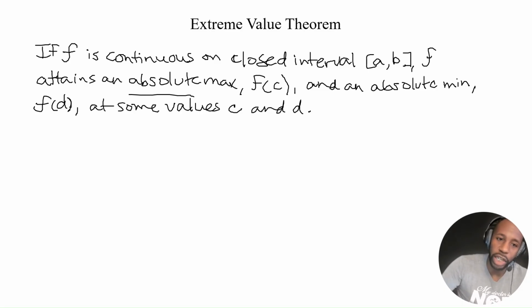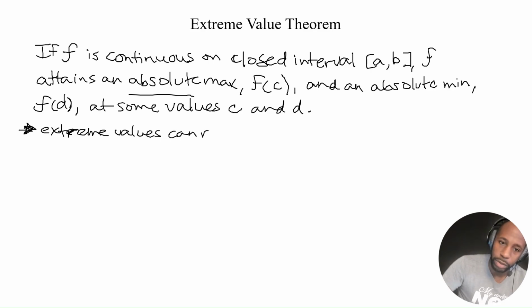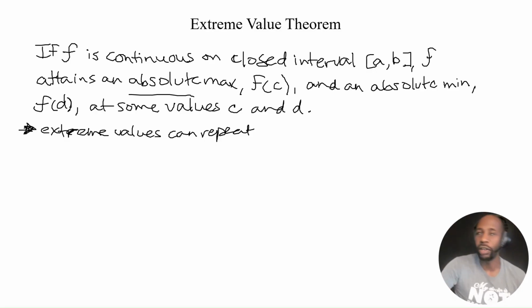Now, a couple of points to add here. A couple of points to add are that extreme values can repeat. That means you can have like two maxes or two mins at the same level.